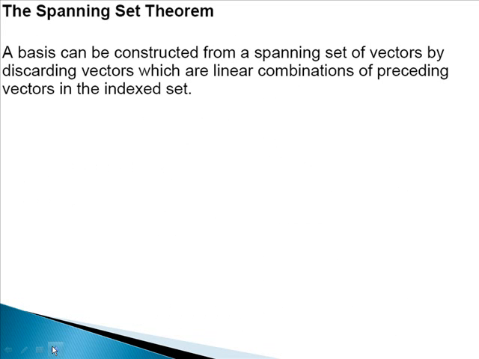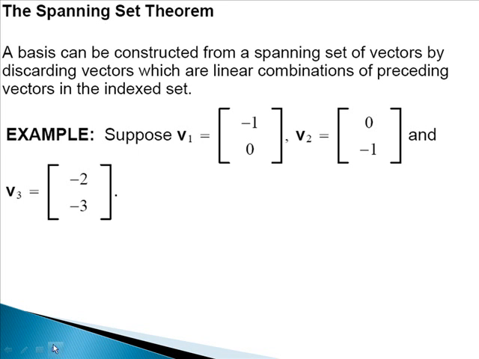We're going to look next at the spanning set theorem, but before we do, we're going to look at a couple things. A basis can be constructed from a spanning set of vectors by discarding vectors which are linear combinations of preceding vectors in the index set. So in this example, we've got v1, v2, and v3.